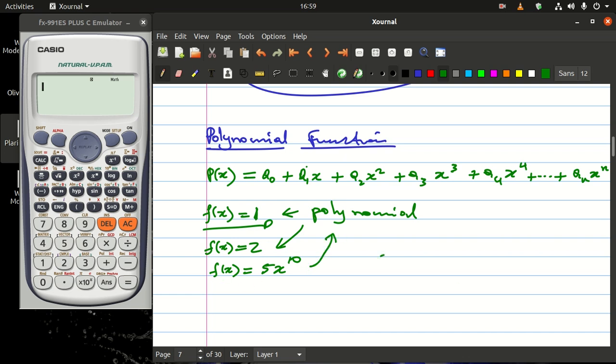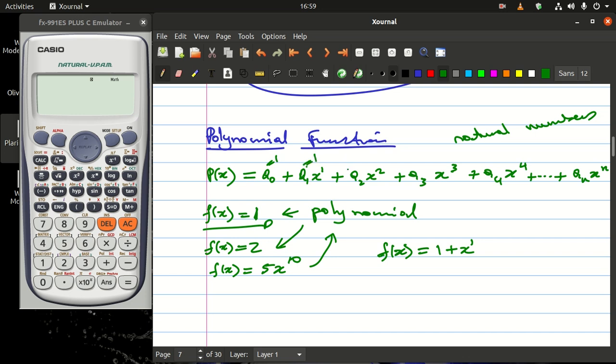Now, if I have f of x is equal to 1 plus x, this is a polynomial, because if you look at these exponents here, you have 1, 2, 3, 4, 5. As long as these exponents are natural numbers, then we have a polynomial. So here we have a0 equal to 1.